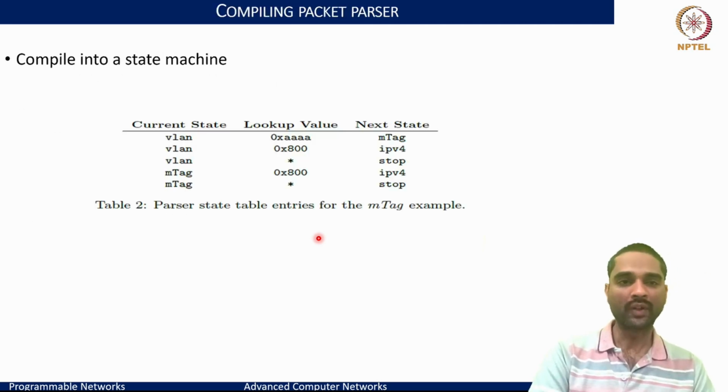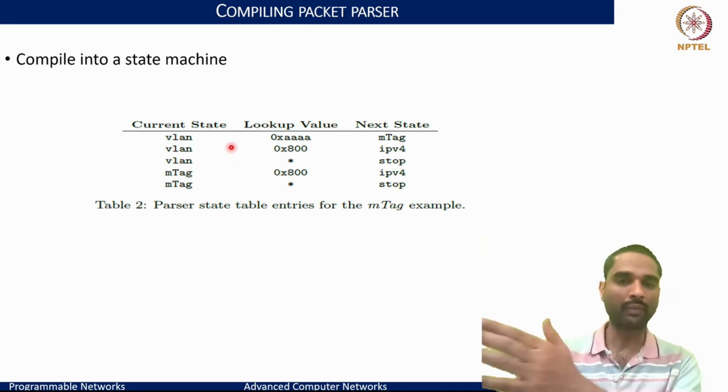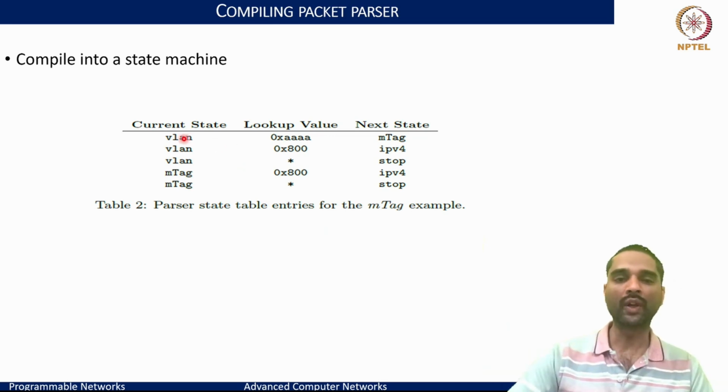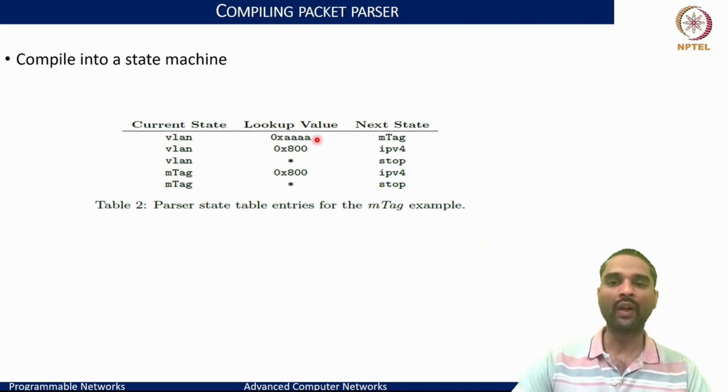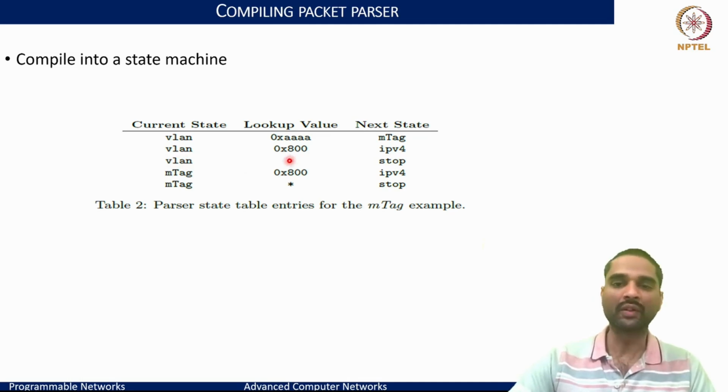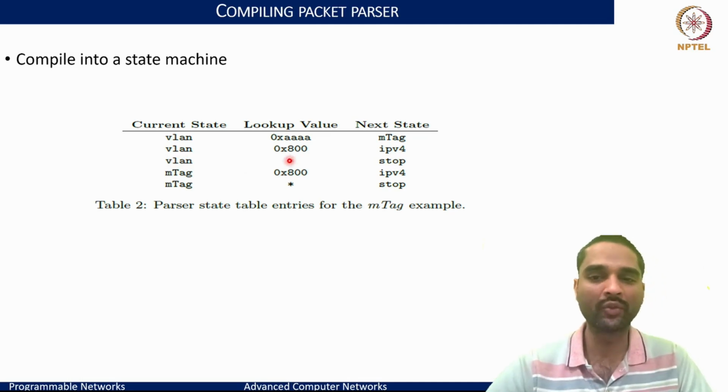Now when we compile all of that and set up the VLAN, if we consider how the packet parsing and processing would happen, if our current state is VLAN, we look up the value A in the ether type. If that is true, then we would take the next stage as mtag. If we have a current state VLAN and the lookup value is 0x800, then the next stage is IPv4. Likewise, when we look up VLAN and the next value is not defined, then it's a parse error and we would stop.